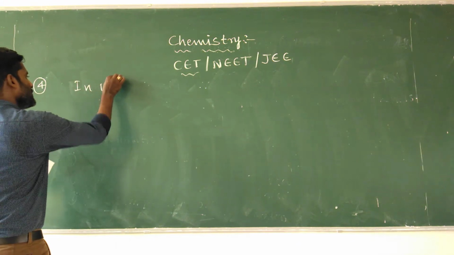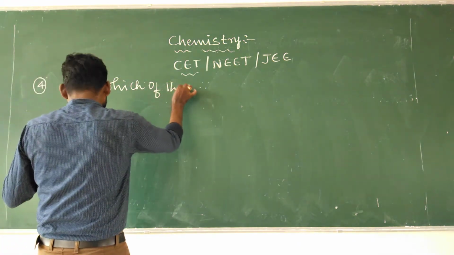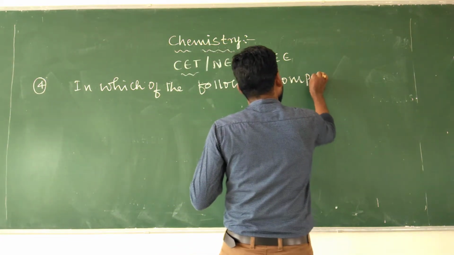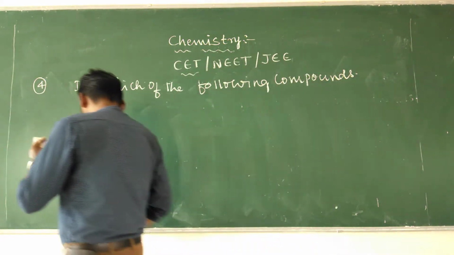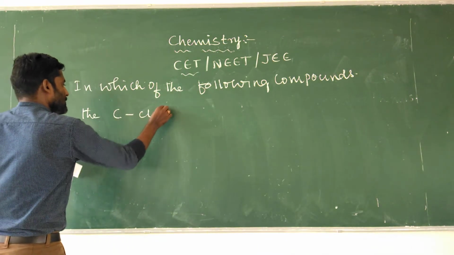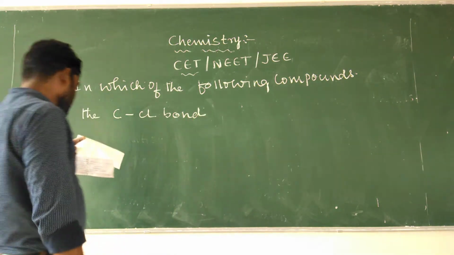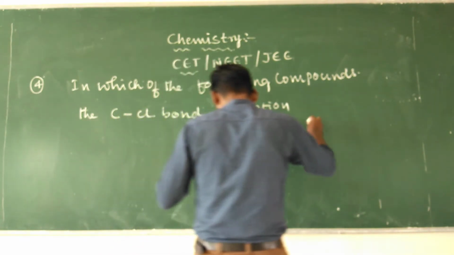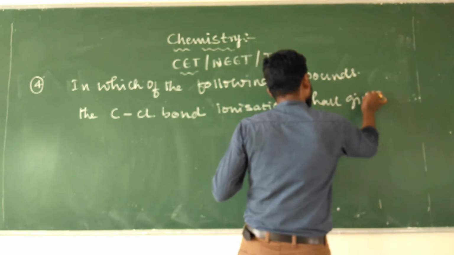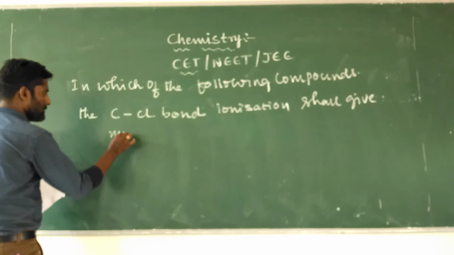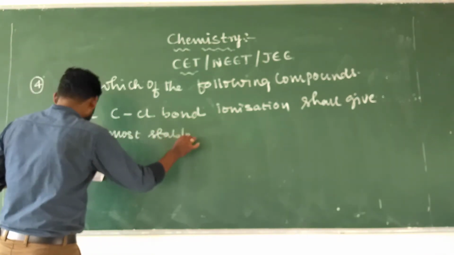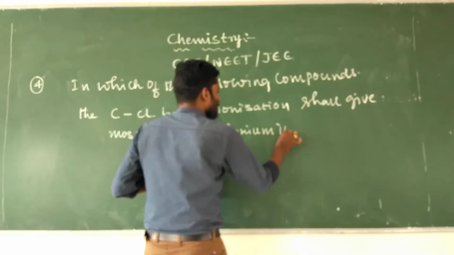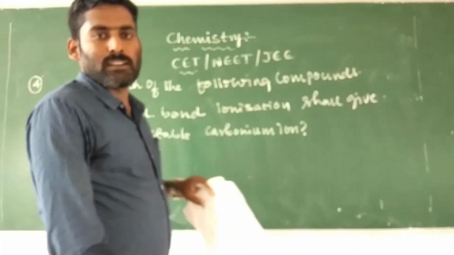In which of the following compounds will the C-Cl bond, the carbon-chlorine bond, ionization give the most stable carbonium ion? Carbonium ion is also called carbocation.